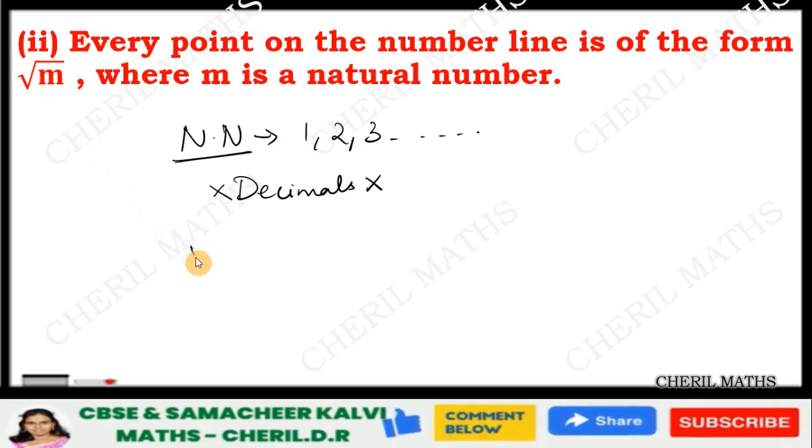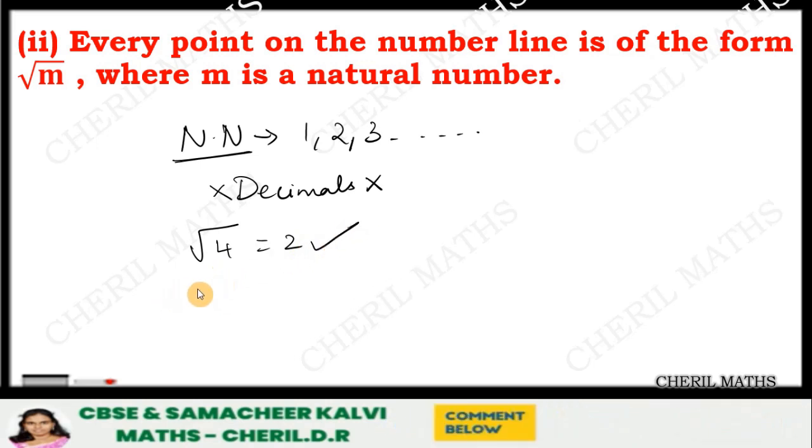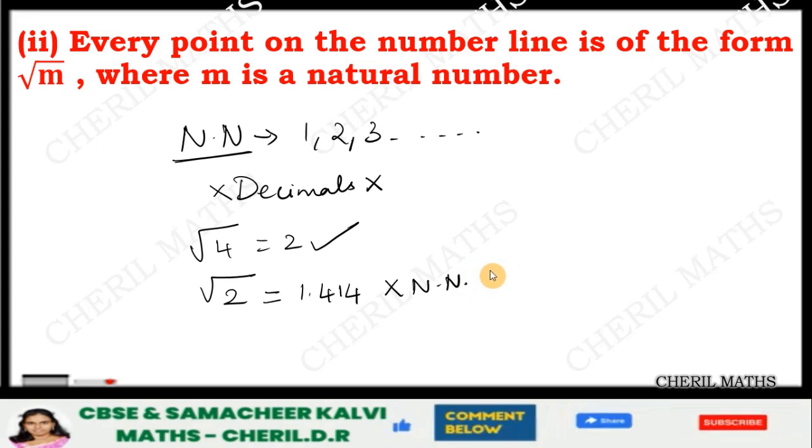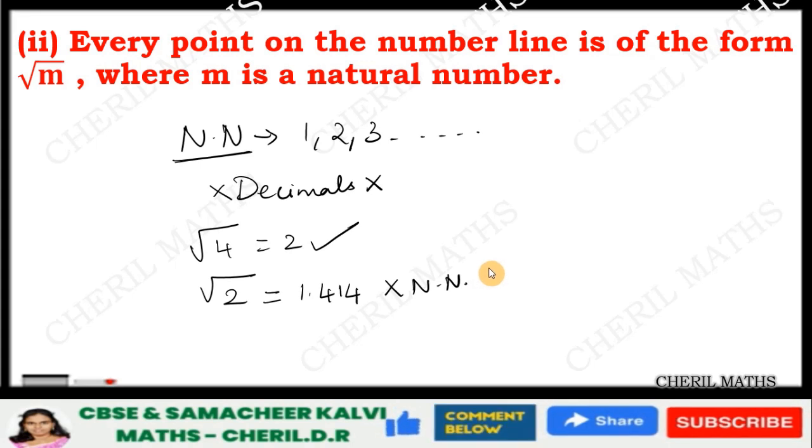If m is a natural number, the square root of 4 can be 2. Yes, it lies on the number line. But what about the square root of 2? The square root of 2 will be a decimal number because it is an irrational number. The value is going to be 1.414. This is not a natural number. Similarly, if you take any negative number, you cannot plot its square root on the number line.